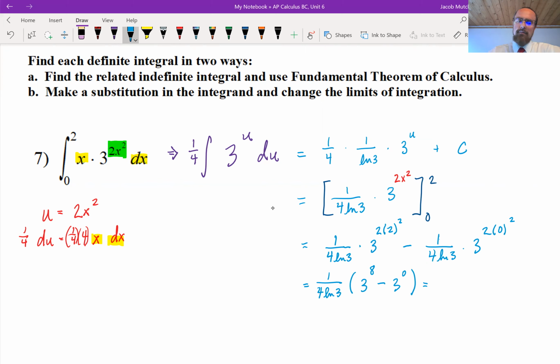And then 3 to the power of 8 is going to give us 6,561. 3 to the power of 0 is just 1, so that's 6,560. And I can place that in the numerator of my fraction over 4 natural log 3. But then if I divided 4 out of 6,560, that would leave me with 1640 over the natural log of 3.